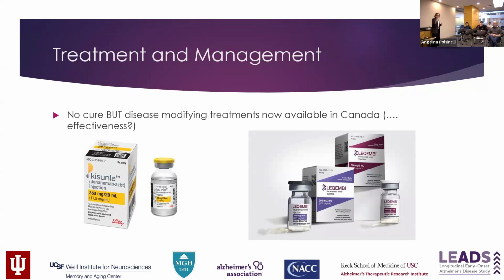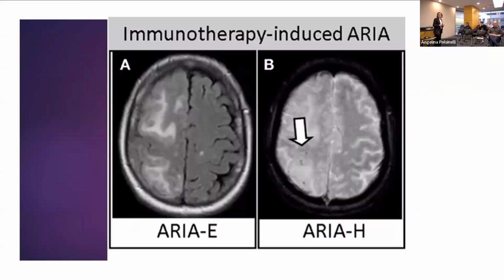There is some evidence that it makes an impact in people's day-to-day lives in terms of their functioning and their ability to maintain independence for longer. But we don't really know how effective these treatments are.